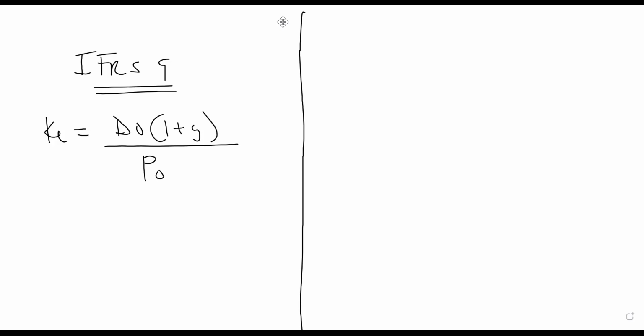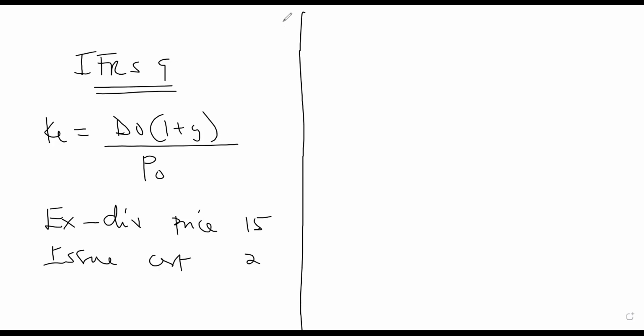If the company incurs issue cost and the question has given you the share price of maybe 15 cedis, and they have given you the issue cost of maybe 2 cedis, the P0 that you'll be using will be net of the issue cost, so it will be 15 minus 2.